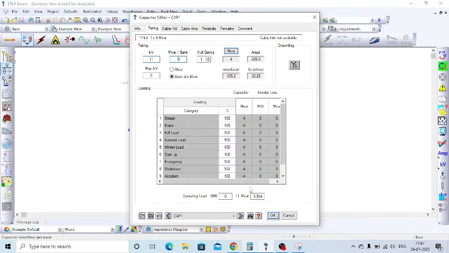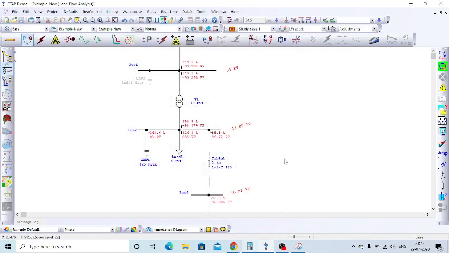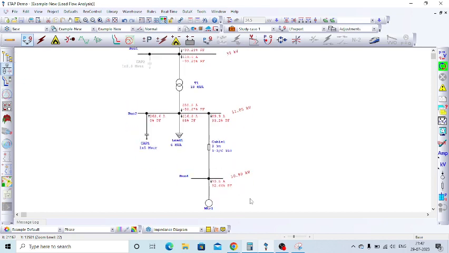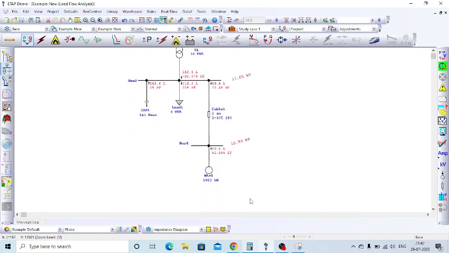When I change it to 5 MVAR, with 5 MVAR of reactive power, the bus 2 voltage is 11.05 kV and bus 4 voltage is 10.99 kV. So the bus voltage is marginally improved.